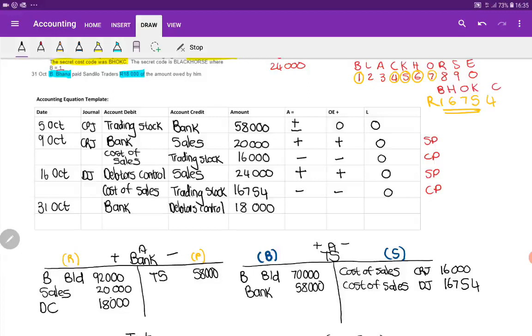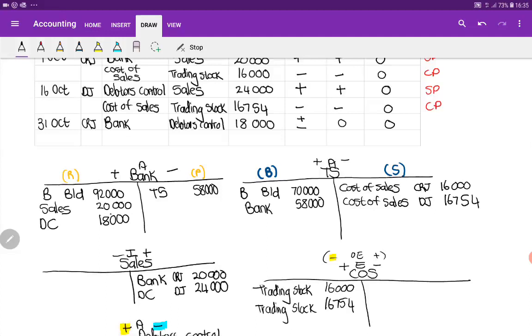Bank and debtors control is an asset, so your assets will be plus, minus. Nothing happened with your owner's equity. Nothing happened with your liabilities. This will be recorded in your cash receipts journal.